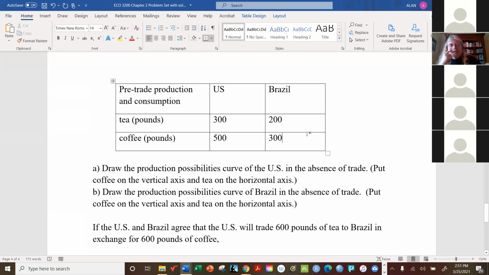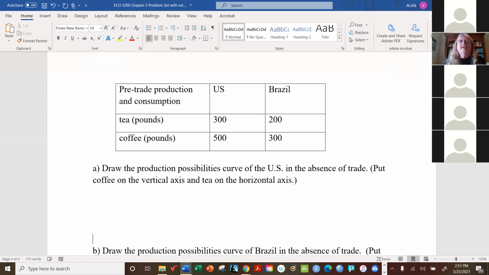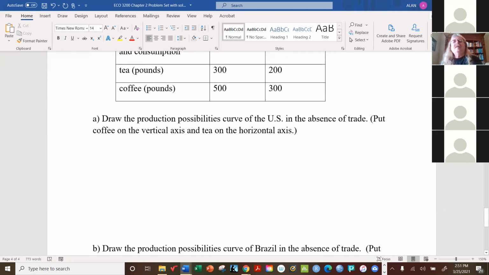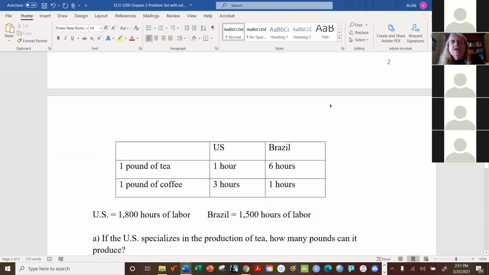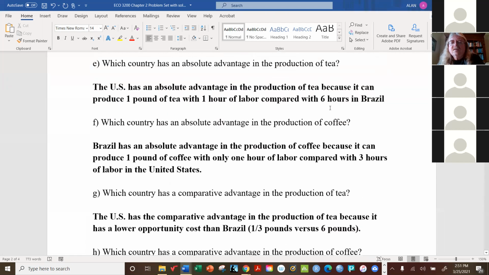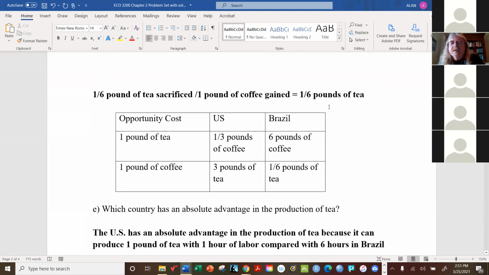Now we're being asked to draw some graphs here. What's interesting about this case, unlike some of the other ones we've seen, is that these opportunity costs are fixed. They never change. In other words, we can always produce 1 more pound of tea by giving up 1 third of a pound of coffee in the United States, and the same thing is happening in Brazil.